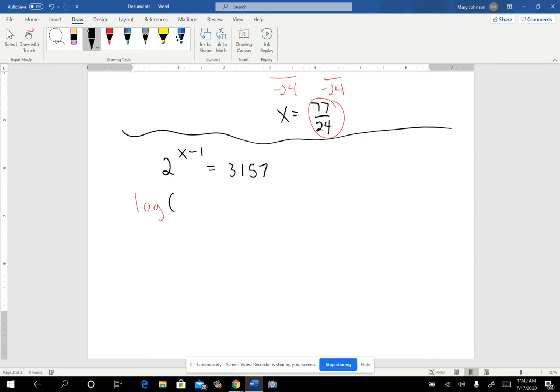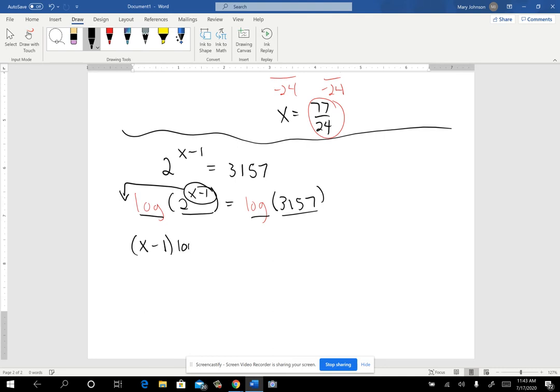Okay. Now, when you write this, get everything written where it's supposed to be, so your brain is thinking correctly about this. Log is a function. We're doing log of each side. These should be on the same line. And then the x minus 1 should be up a little higher. It's an exponent. Now, log is understood to be base 10, so it doesn't undo the 2, but that x minus 1 can be brought down in front with parentheses around it.